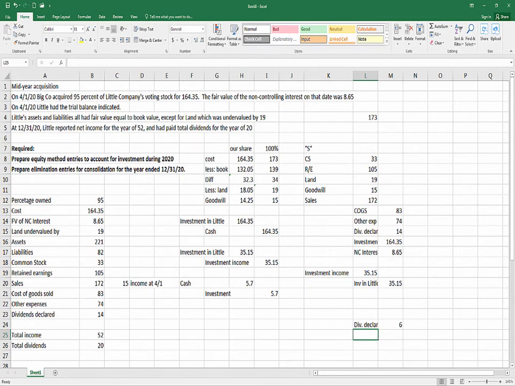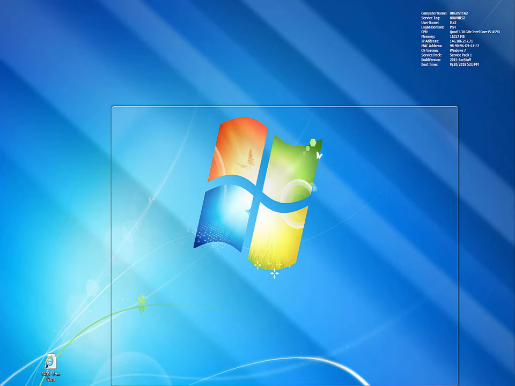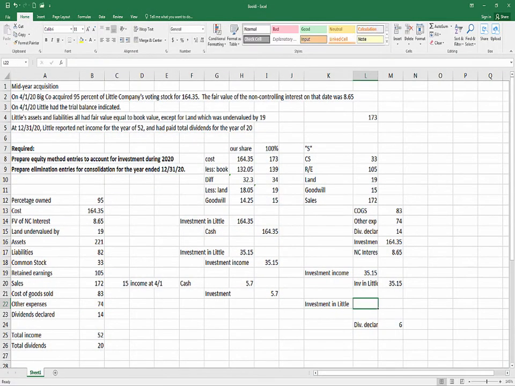And that's going to get split 95/5 between the parent's investment, and that should be the same amount that we received as cash, 5.7 in this entry. And again, if you want to do that as 0.95 times 6, you get the same thing. And the other 0.3, the other 5%, goes to the non-controlling interest.